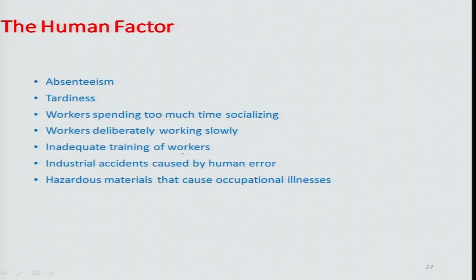Further, there are human factors, which are about how the workers contribute in terms of their slowness, or their, let us say, inadequate training, or unsafe practices, inability to deal with hazardous materials which cause occupational illness, or absenteeism, etc., and also unproductive time spent socializing, etc. So, these are some of the factors which would again be taking down the productivity.